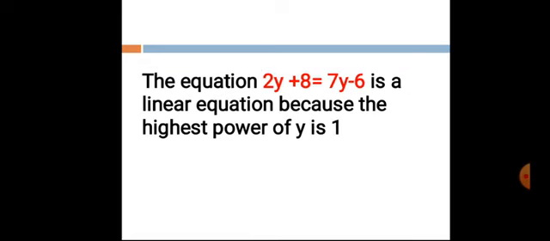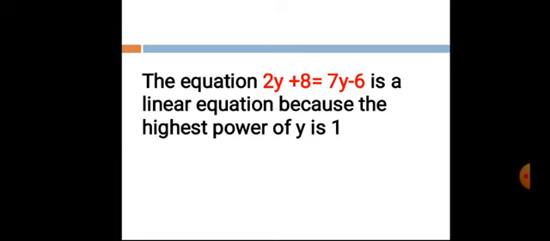So the equation 2y plus 8 equals 7y minus 6 is a linear equation. This is an example of a linear equation. What makes this a linear equation? If you look at it, the highest power of our unknown, the variable we have here, is 1.